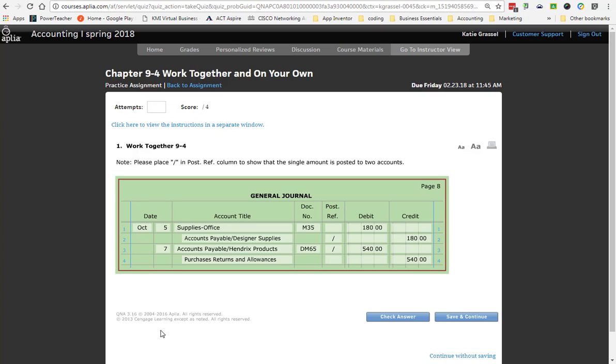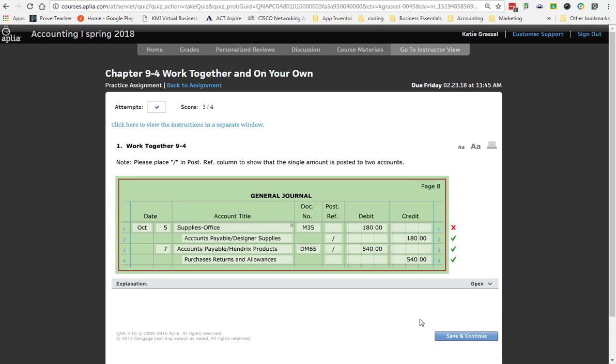Most common mistake, forgetting to do accounts payable / the name of our vendor. Then, if you got that, forgetting to put the slash in your post reference. If you check that one, you should hopefully have 100, and you can try on your own on that one. I have the wrong supplies. Now I have it correct.